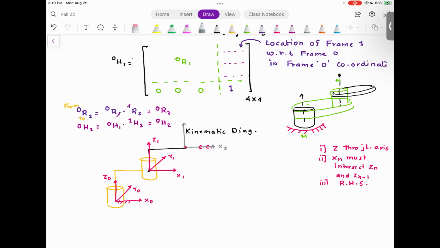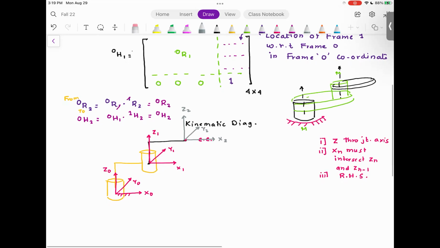So X2, Z2, Y2. Are you with me so far? Now I'm going to assign the link lengths. This is a physical link, so I'm going to call this A1, and this A2.